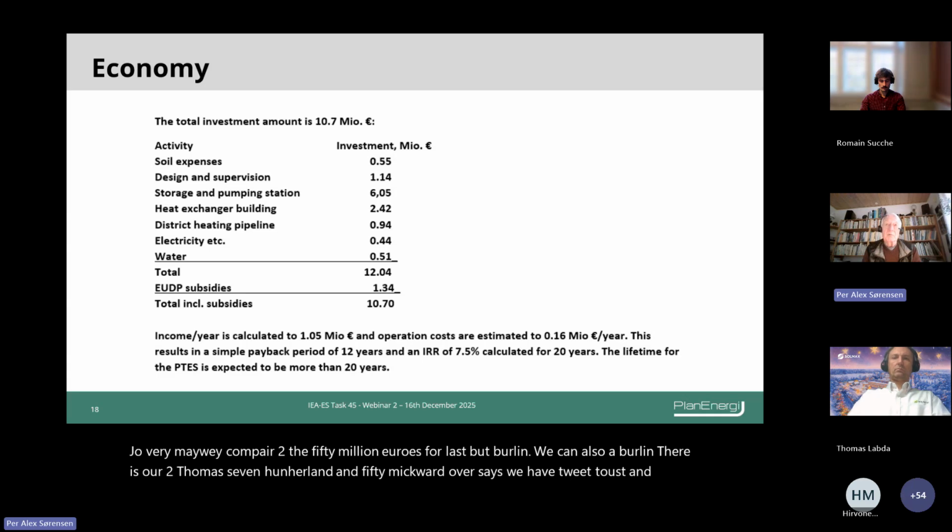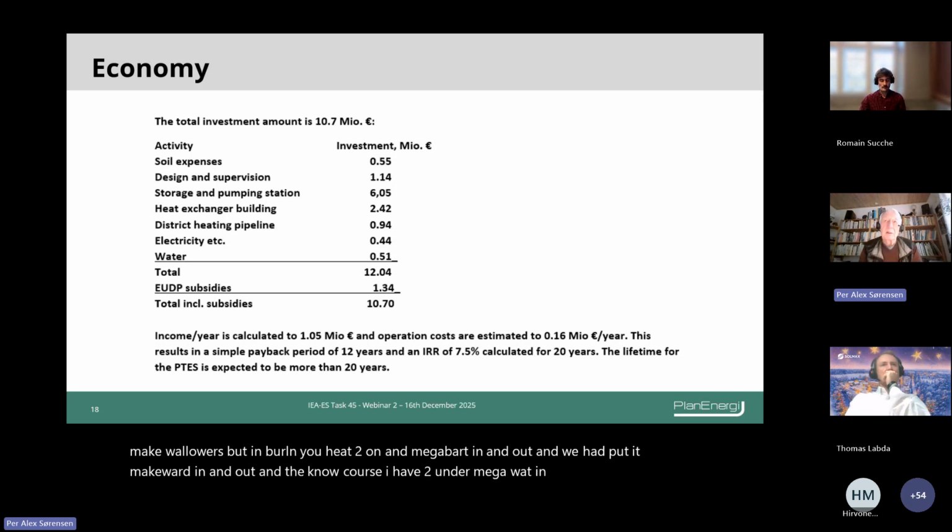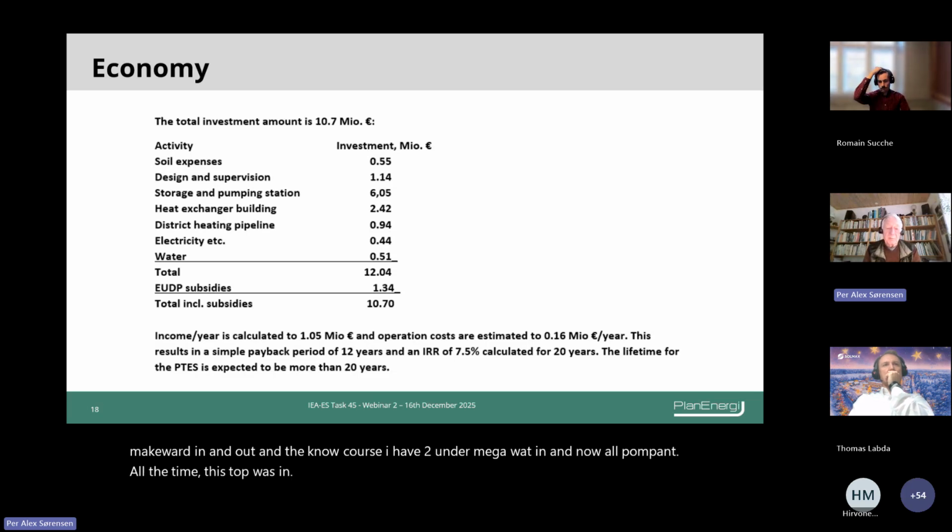But in Berlin you had 200 megawatt in and out, and we have 30 megawatt in and out. And of course, if you have 200 megawatt in and out, all pumps and heat exchangers and so on will be more expensive. But still, we think that pit storage will cost between half and 1/3 part of the tank systems.